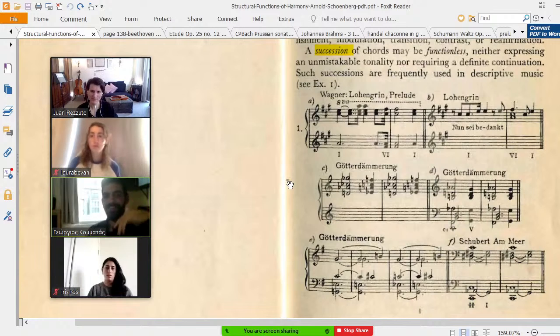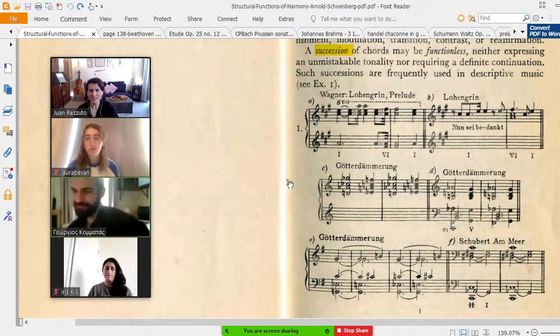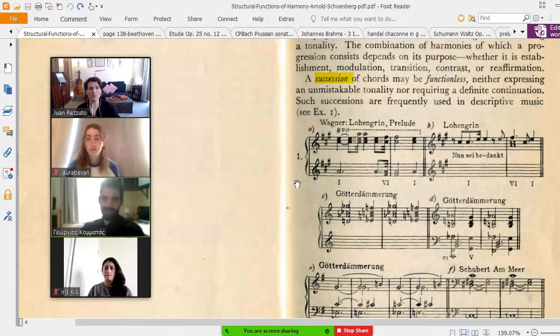The deceptive cadence. Exactly. That's a progression that doesn't reaffirm the aim that we propose. The 5-1 is supposed to go to the tonic, it doesn't go to another chord.